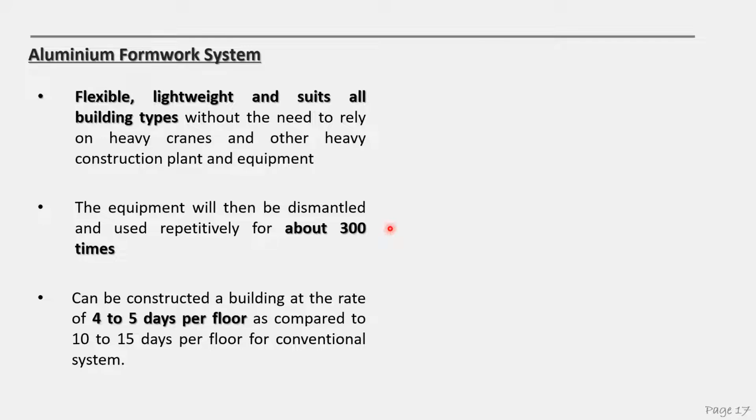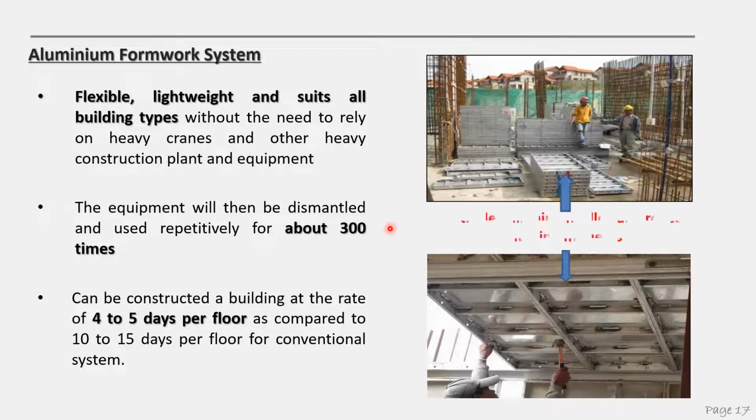A building can be constructed at 4 to 5 days per floor, compared to the traditional method of 10 to 15 days. So with this formwork system, it can reduce the construction period. This is an example of an aluminium formwork system.